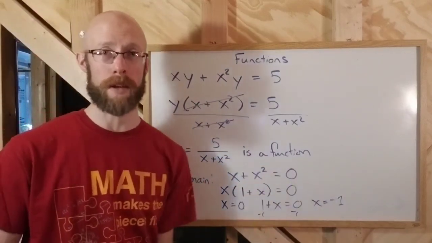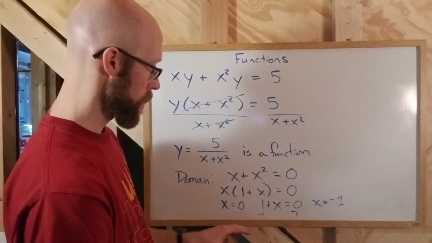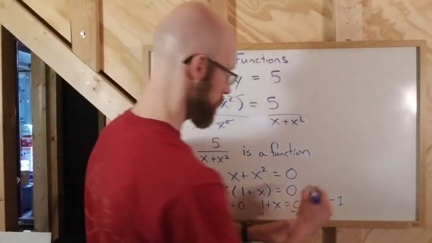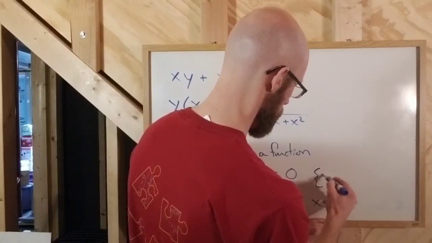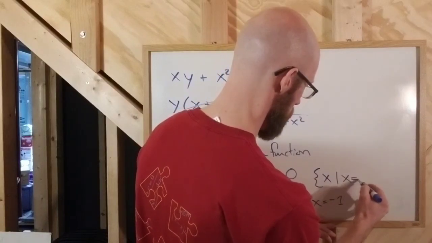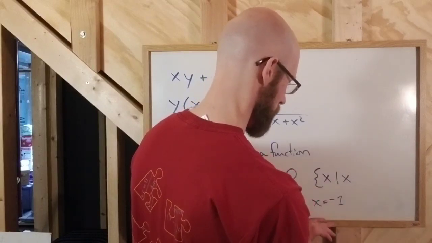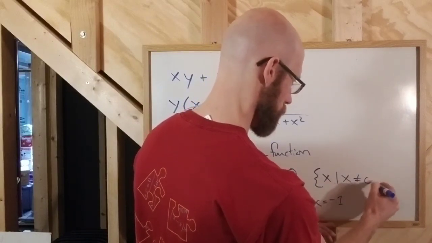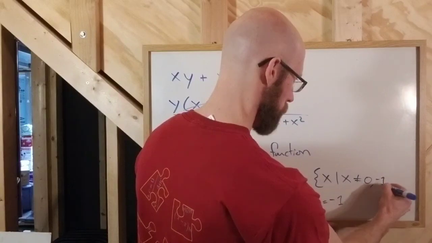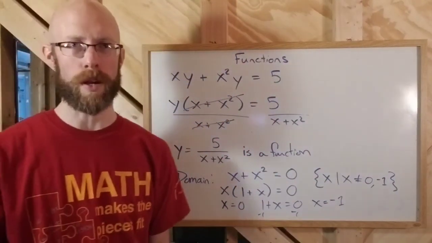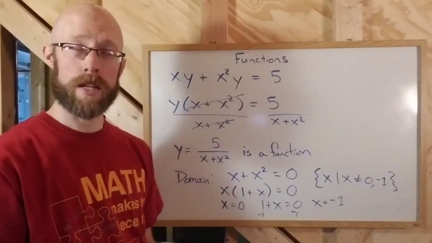So that makes a denominator of 0 also. And so to write out my domain, I probably would go with the set form on this one. And I would say that it is x such that x is not equal to 0 or -1. And I can put those together in the same sort of equation there, okay? So that's going to be my domain.